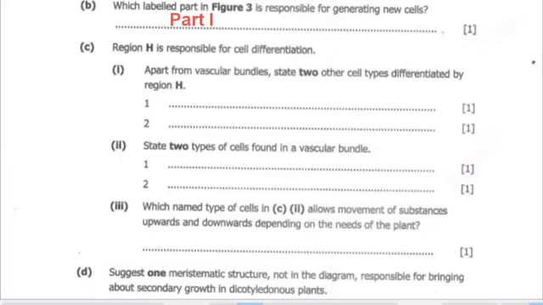So you can say sclerenchyma, parenchyma, and chlorenchyma. If you mention any two, they will give you a mark, okay. Don't mention xylem and phloem because they have said apart from the vascular bundles.